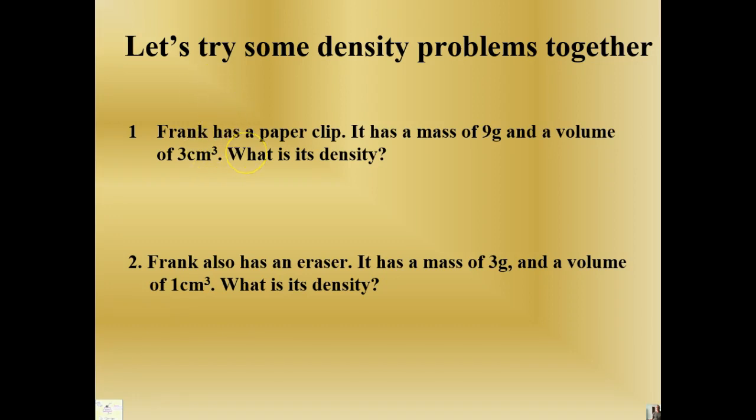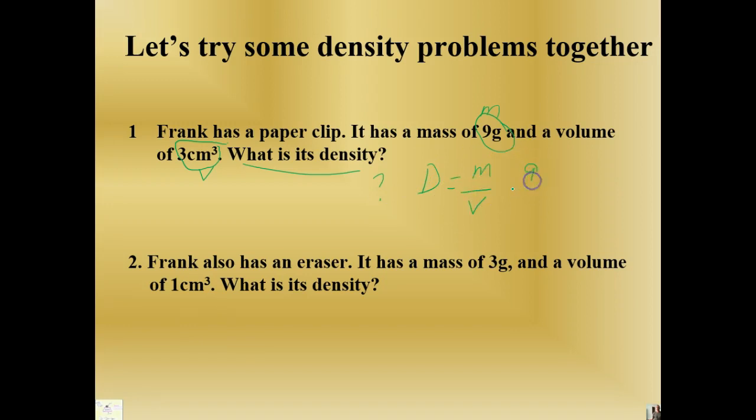It says Frank has a paper clip. It has a mass of 9 grams, so circle that with the units, and a volume of 3 centimeters cubed. We're going to label this. This is my mass, and this is my volume. It says, what is the density? So there's my question. Density equals mass over volume. So we just plug in our numbers.